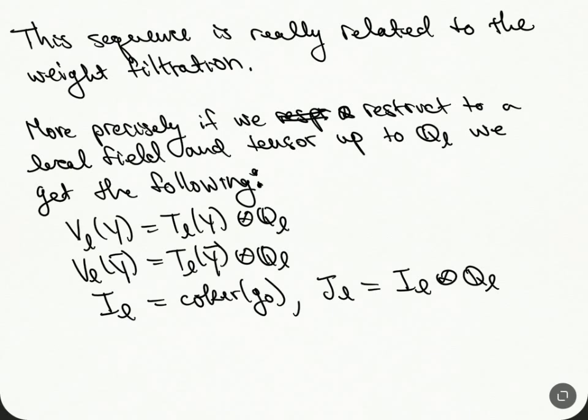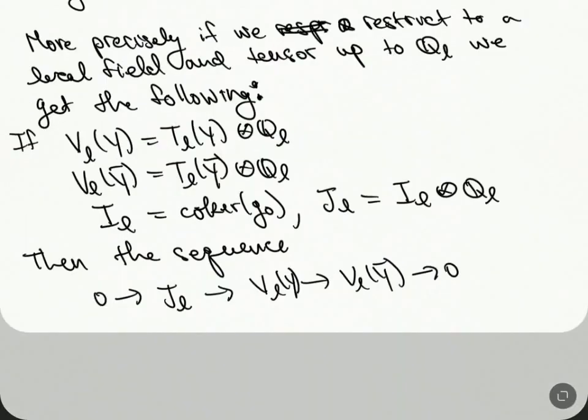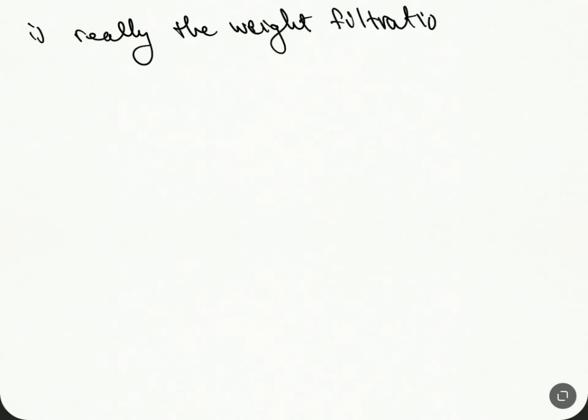Then what this is saying is that the sequence 0 to JL to VL to V, so VLY to VLY bar, is really the weight filtration, let's say the weight filtration sequence.